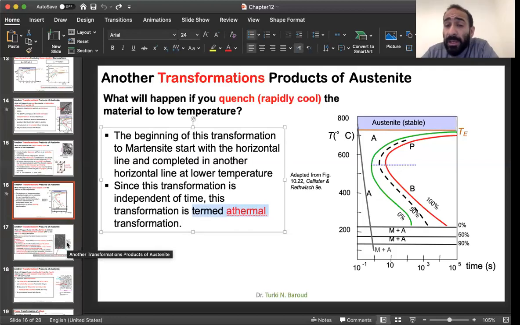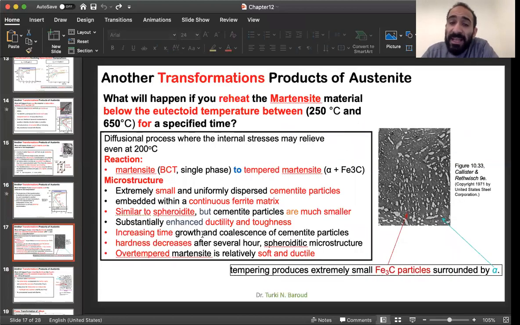Again, if we would like to enhance the mechanical properties of martensite, which is hard and brittle, there is a way to enhance the ductility by providing heat. Now, if you provide heat, this is how the microstructure of tempered martensite is going to look. The carbon can get out from the BCT structure and will start to form sphere-like particles, very, very small spheres.